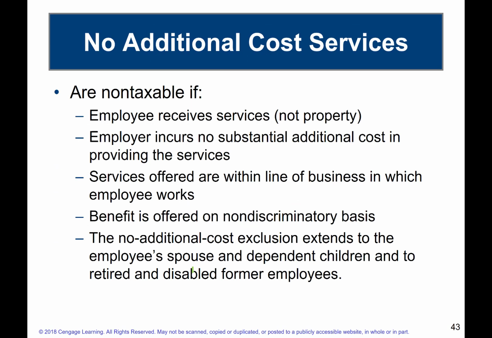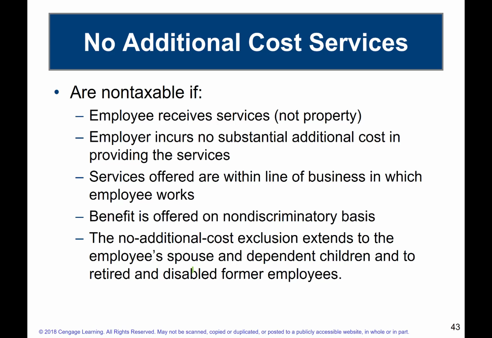So, no additional cost services. What happens here? Airplane is a classic example, right? Everybody wants to work for an airline when they're a kid because they say you get to travel for nothing, right? And that's true. You essentially travel for nothing, and you don't really have to pay the tax on that. They may look at somebody like me and say, geez, John, we're going to use up a lot of extra fuel with you on the plane, but that's generally not the case. You don't have to pay tax on that, okay?